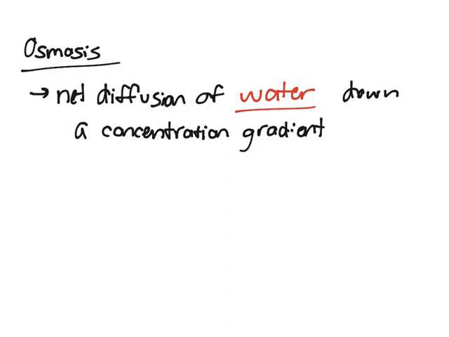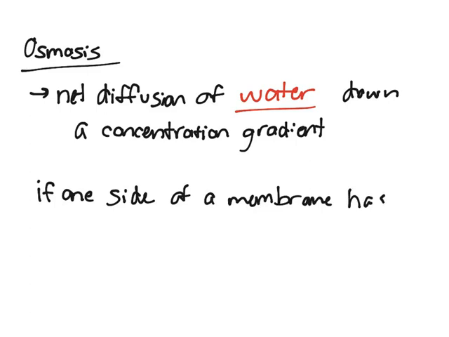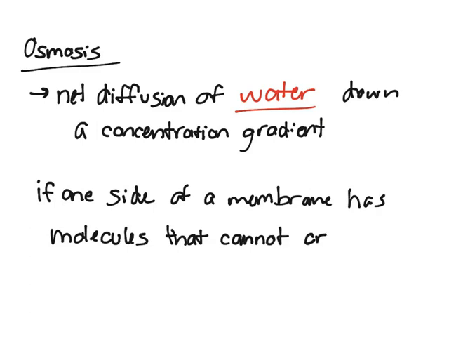So if one side of a membrane has molecules that essentially cannot cross the membrane. And so let me give you an example of that.